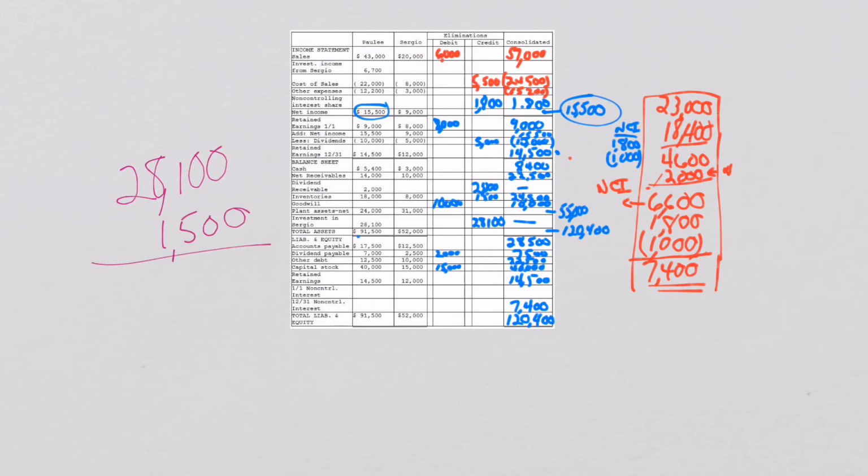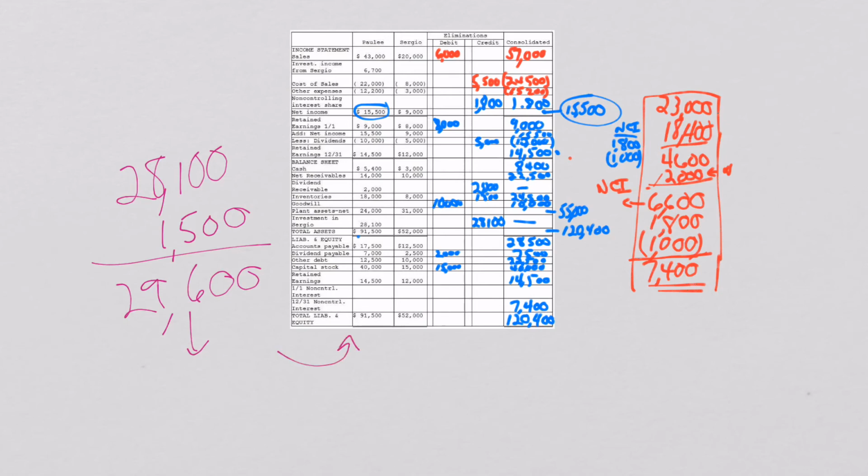We're going to add that in because it all got charged to the subsidiary on the books of the parent under the equity method, recognition of the subsidiary's income. Since it was charged as a deferred income, it reduced the profit of the subsidiary on the books of the parent.